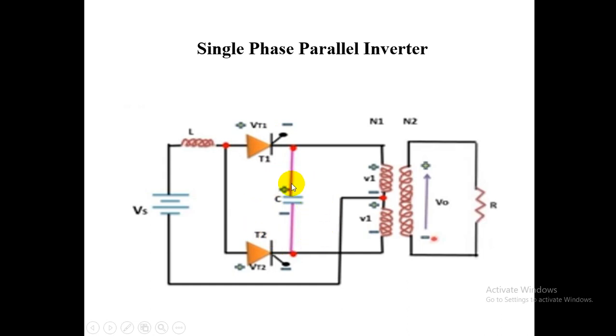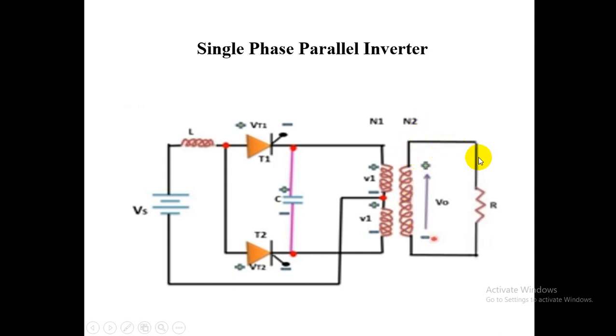And there is one commutating component, that is a capacitor, placed in parallel in this configuration, and we are going to use one center tap transformer. Generally we provide center tapping to the secondary winding of the transformer. Here we use that winding as the primary winding, taking the tappings to connect the input supply, and this is the secondary winding of the transformer having N2 turns.